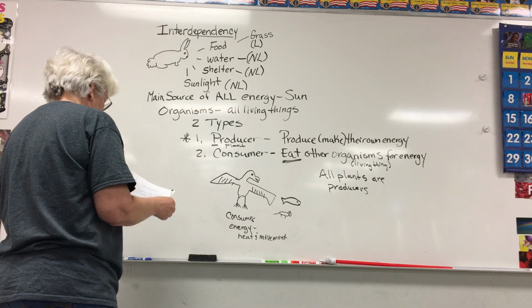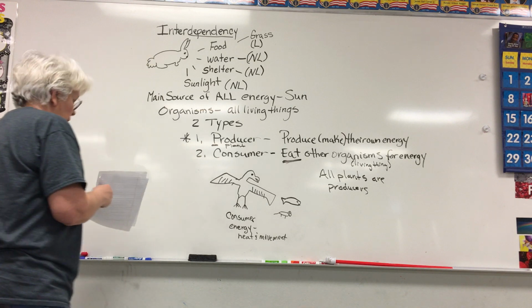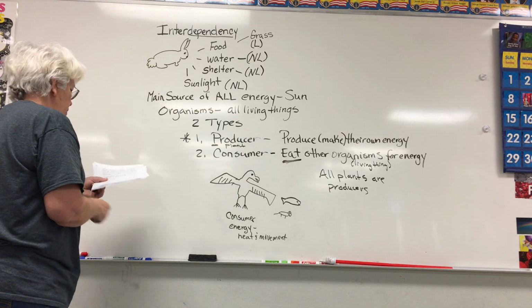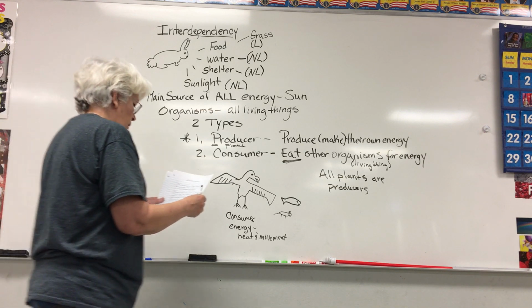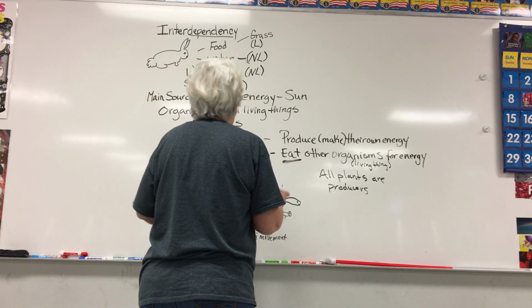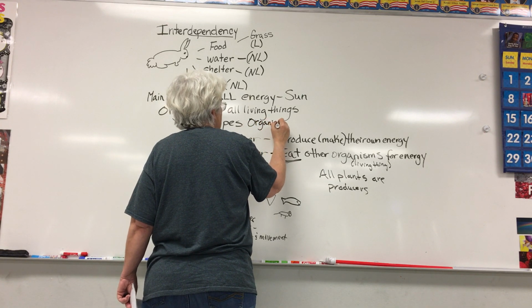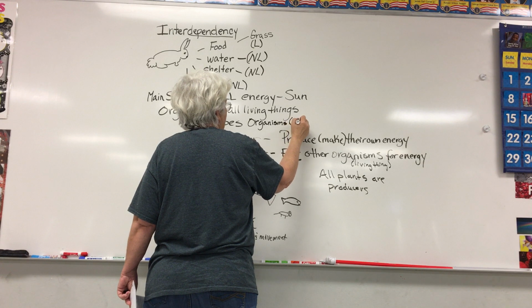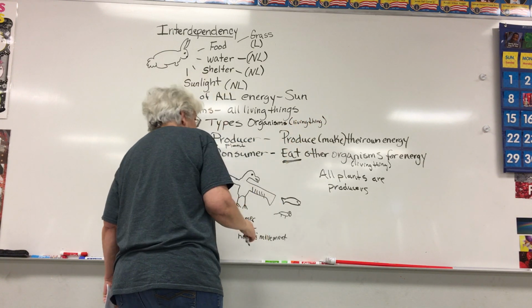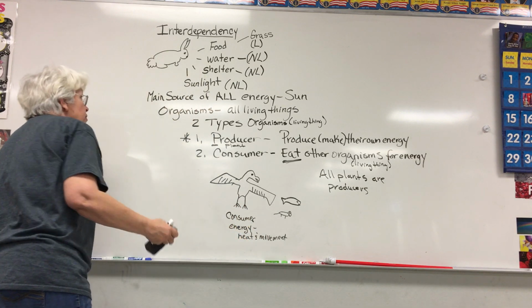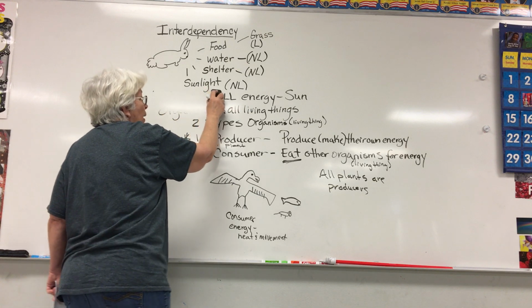So there we have our two types of organism. Remember, and I'm going to keep saying this, what is an organism? A living thing, not a rock. Okay, so I'm going to go ahead and erase just this part. I'm going to leave little Mr. Bunny up there because I might go back to him.